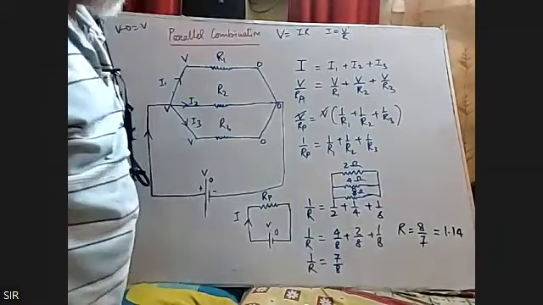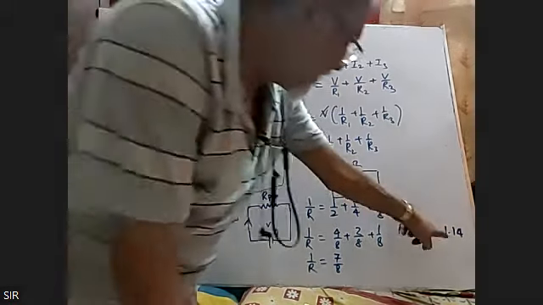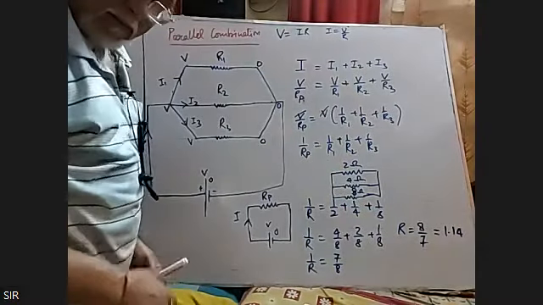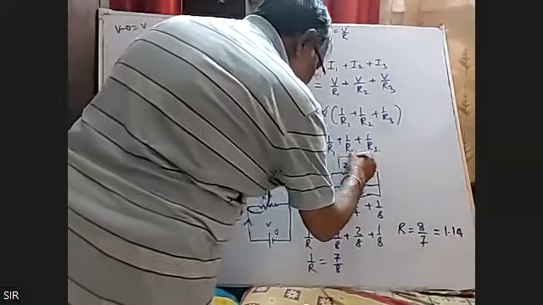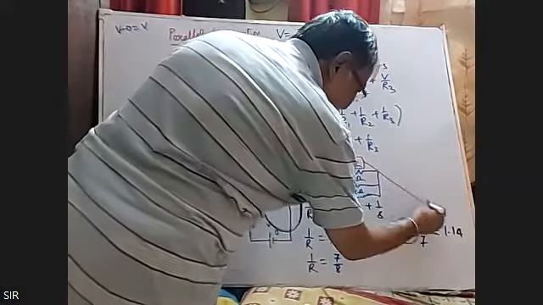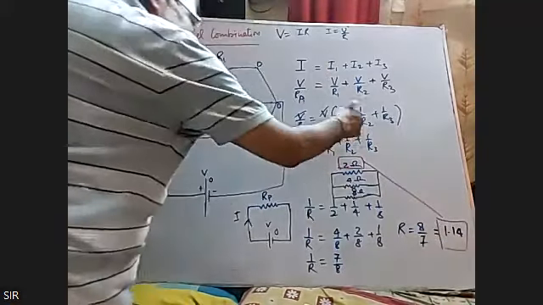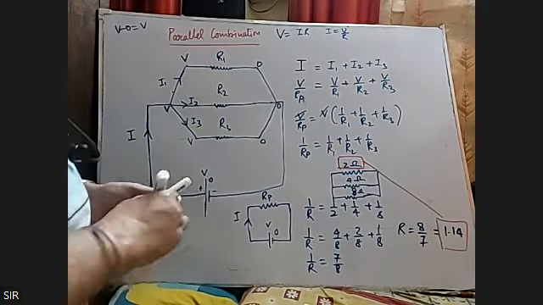So it will be 1.14. Can you see? This is less than the least resistance or not? That means in a parallel combination, the equivalent resistance is less than the least resistance connected in the circuit.